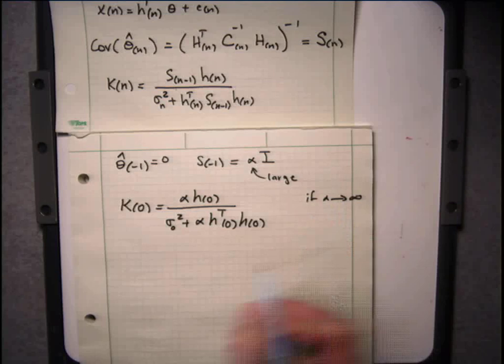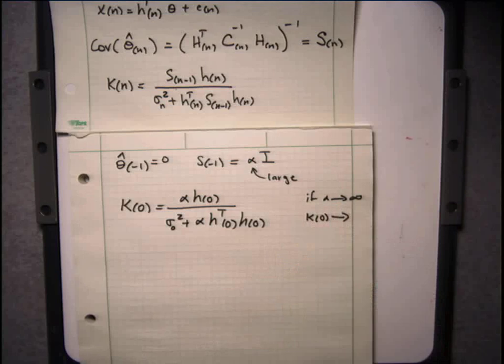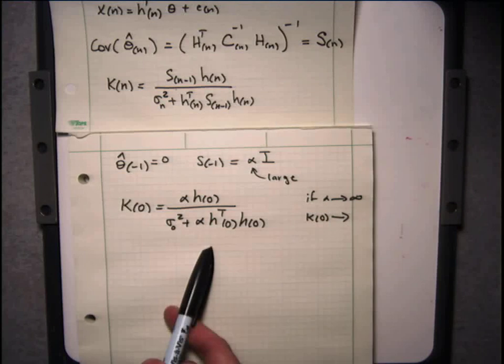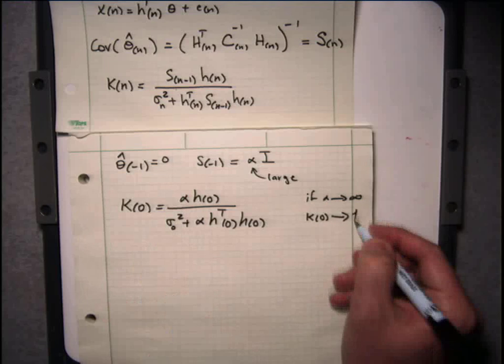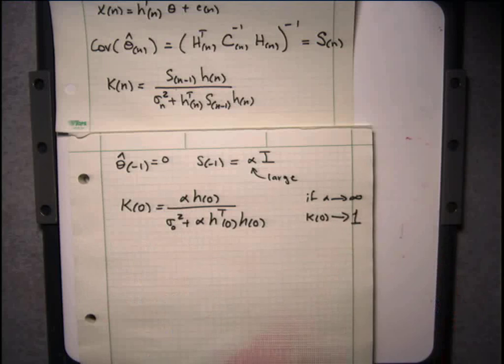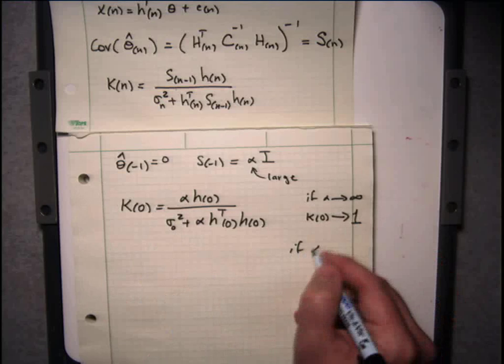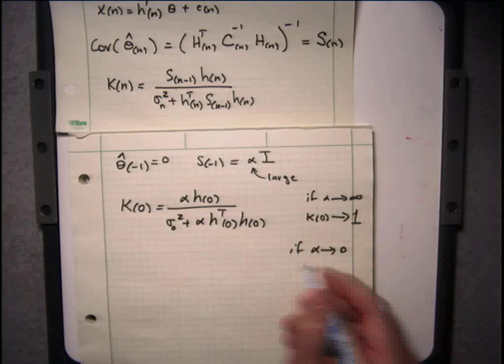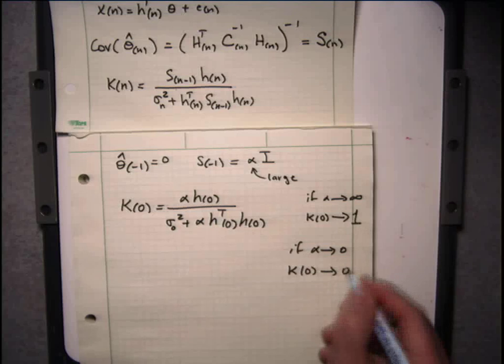If I let alpha go to infinity, then what happens to K of 0? Then this goes to 1, right? Because regardless of what sigma 0 is, I have two very large numbers, so this goes to 1. On the other hand, if I set alpha to be small, then what happens to the gain? The gain goes to 0, right?